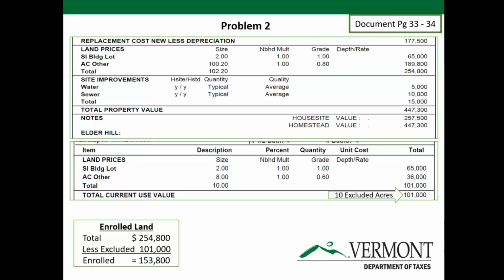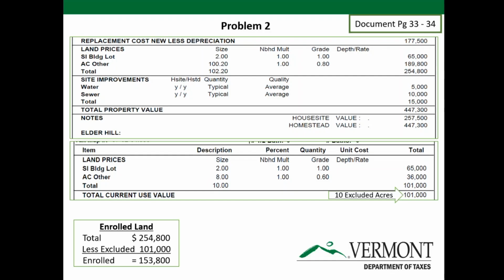Okay, step 2. We need to take our total land and subtract what we've allocated for the excluded land based on statute. So in this case, our total land from our original cost sheet was $254,800. We're going to subtract what we've allocated according to statute, the excluded land, which is $101,000.